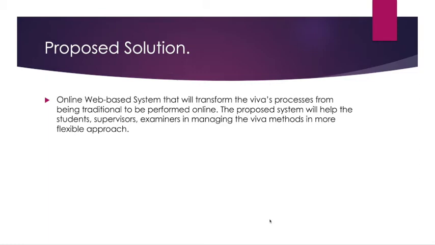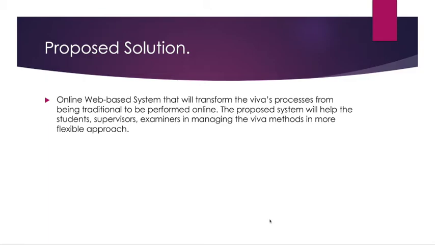As for the supervisor user, the main page will show the student profile, the nomination report, and Viva documents, and the supervisor will be able to see the students' documents and download or print them.